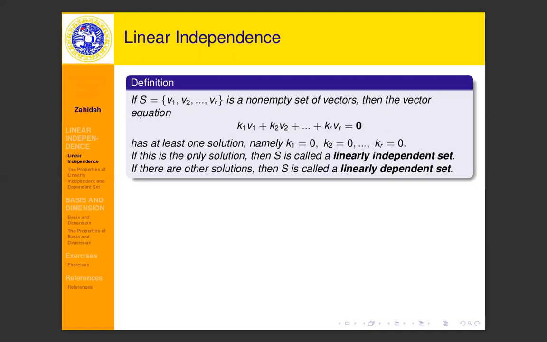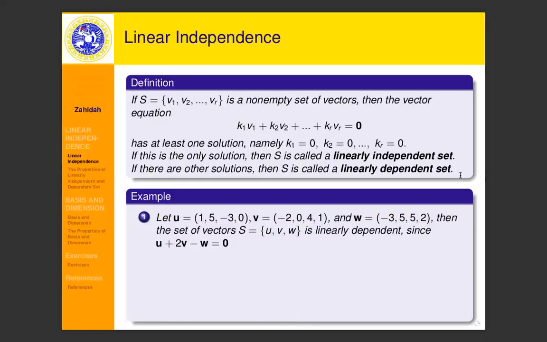If this is the only solution, I mean, if the solution is only the trivial solution, only 0 here, then set S is a linearly independent set. But if there are other solutions, not only the trivial solution, then set S is a linearly dependent set.